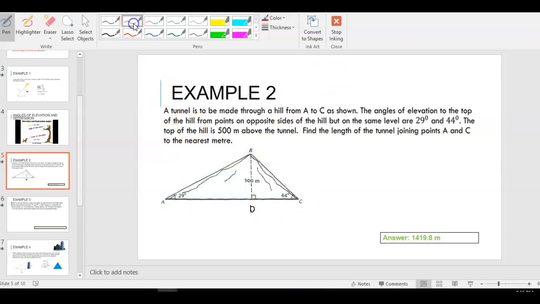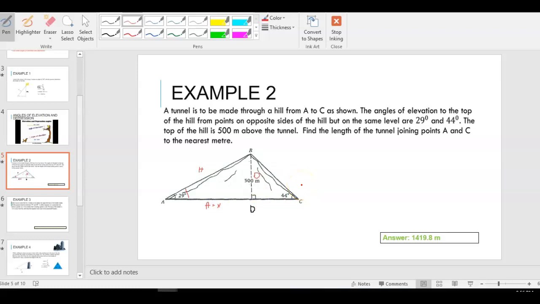Let's change this into red. The given angle is angle A here. This is the hypotenuse. Opposite angle A, we have this here, and then we have the adjacent. We'll label the adjacent as x. Adjacent equals x.